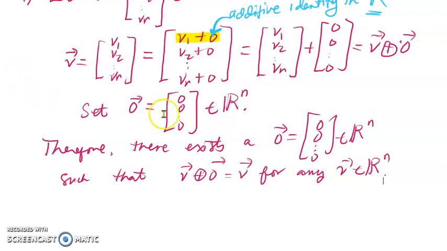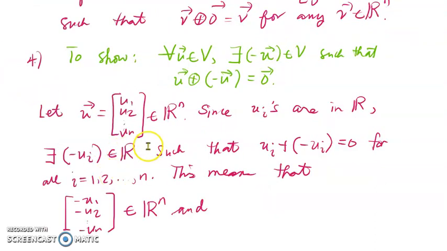For the fourth property, we show that for every u in V, there exists the negative of u in V such that u plus negative of u is equal to the 0 vector.